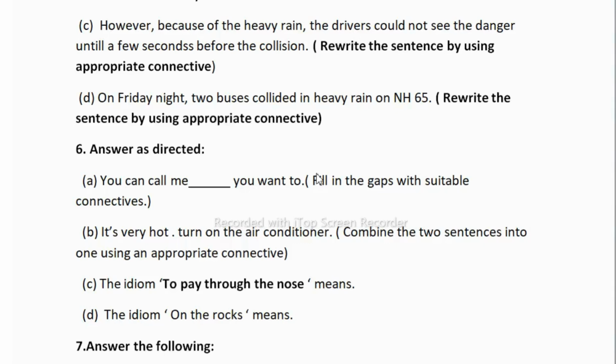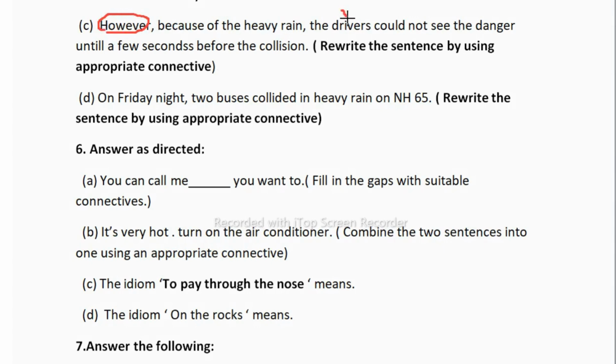Now the C1 is, however, because of the heavy rain, the drivers couldn't see the danger until a few seconds before the collision. Now here you have to rewrite the sentence by using an appropriate connective. So no need to write this however. Directly you can write from here.